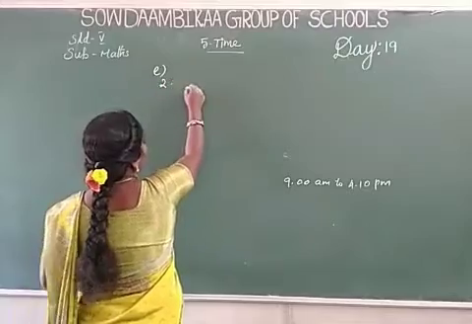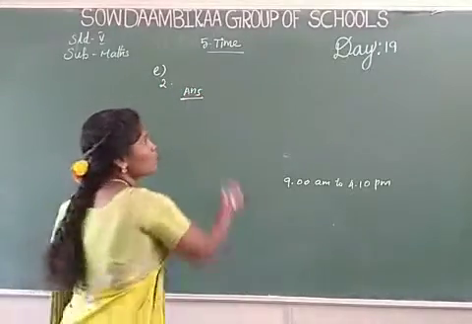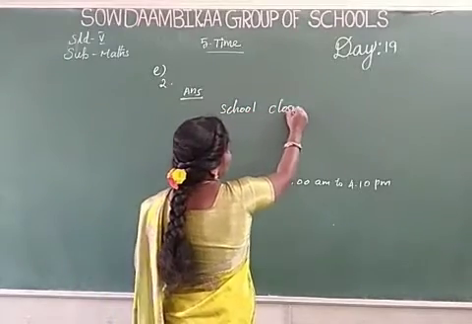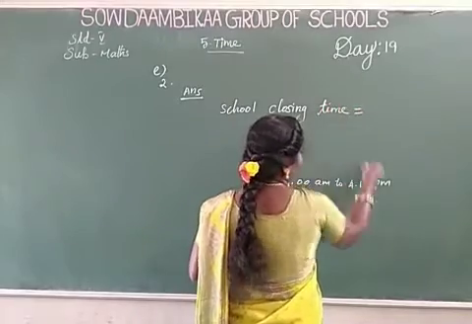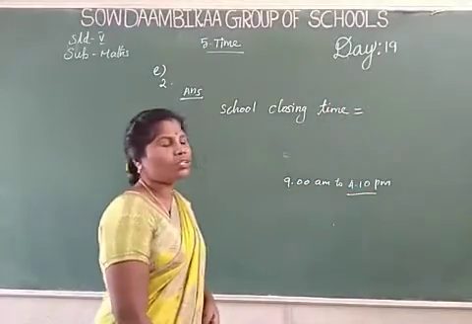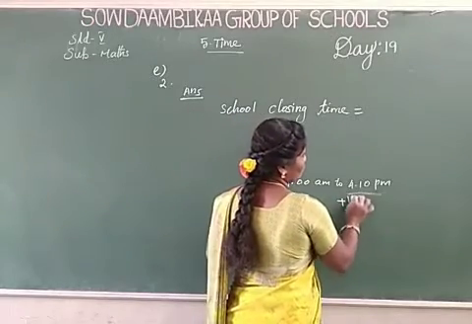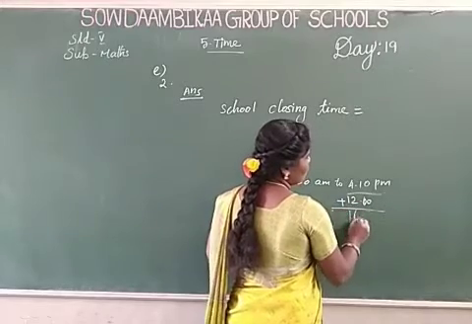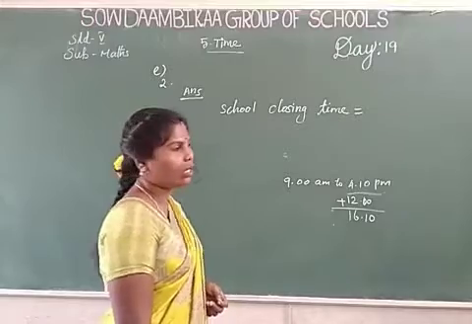The second question answer. The school closing time is 4:10 p.m. Okay, so convert to railway time, plus 12.